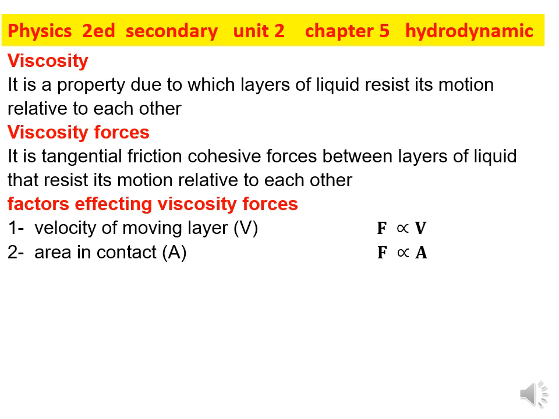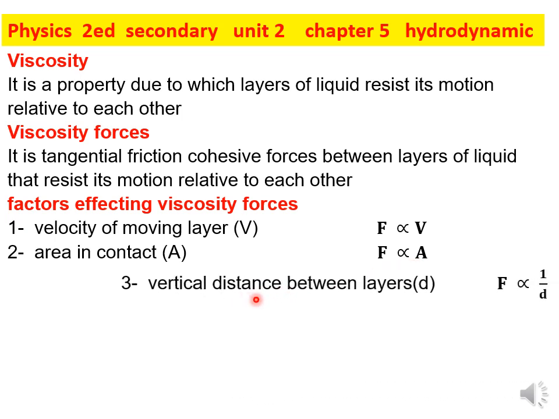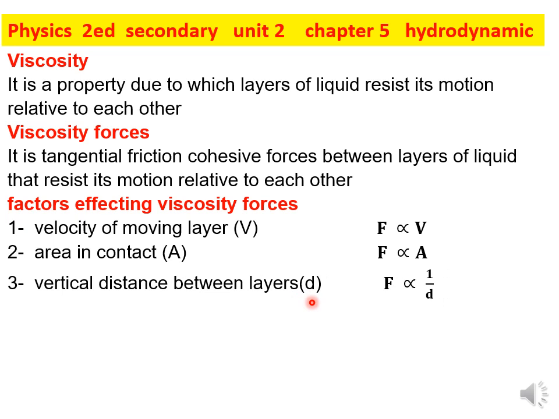Number three, vertical distance between layers, D. The viscosity forces are inversely proportional to the vertical distance between the two layers. Number four, kind of liquid. The viscosity forces depend on the kind of liquid.